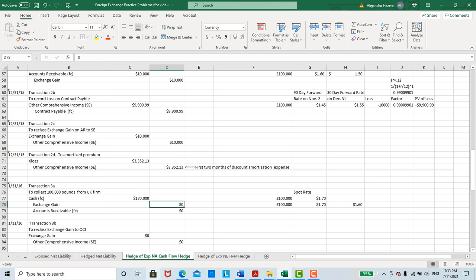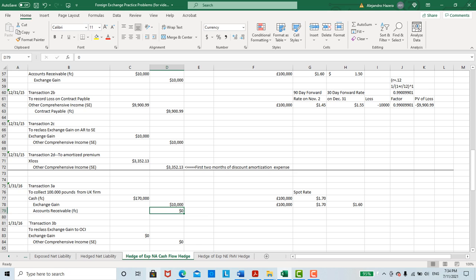We're going to record an exchange gain here because each one is now worth 10 cents more. So we're going to record an exchange gain, it's going to be 100,000 British pounds times $1.70 minus the latest adjustment previously, which is $1.60. I'm going to make this 0 again to emphasize what the purpose of that next entry is.